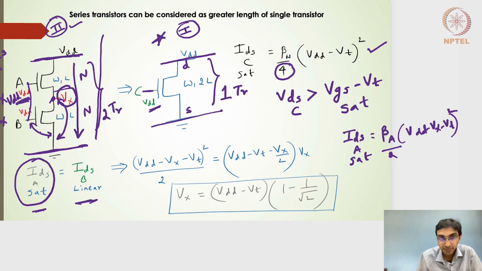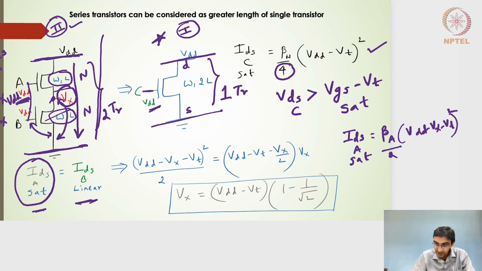So I will have beta A and beta B, right? The dimensions of these transistors, which are given as W comma L, W comma L here, are the same. So if the dimensions of the two transistors are the same, assuming that the T oxide is also the same, and the mobility of both NMOS transistors for a given technology node is also the same, then the beta for the transistor A and beta for the transistor B are the same.